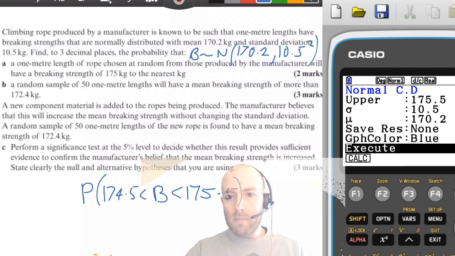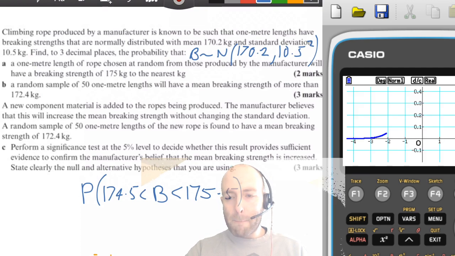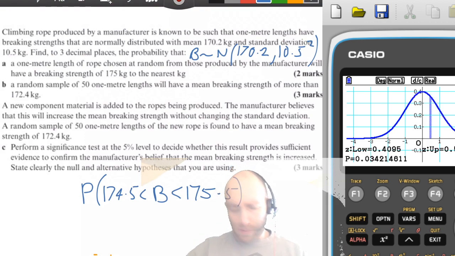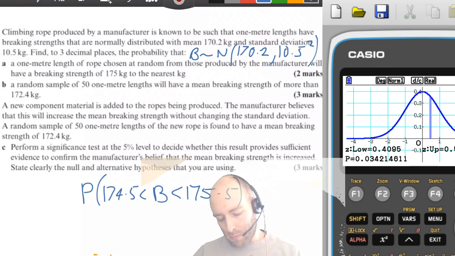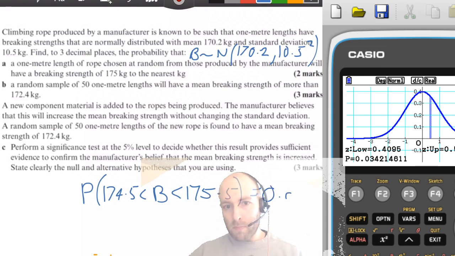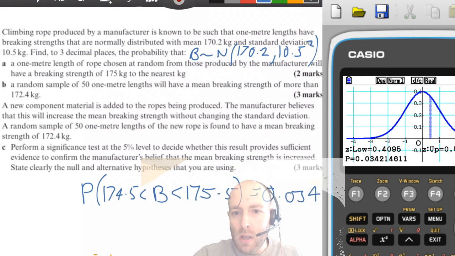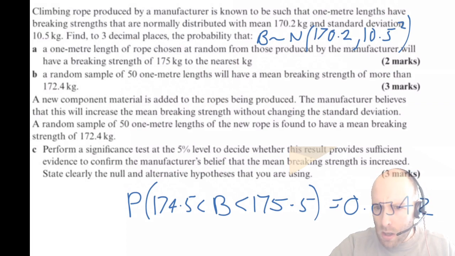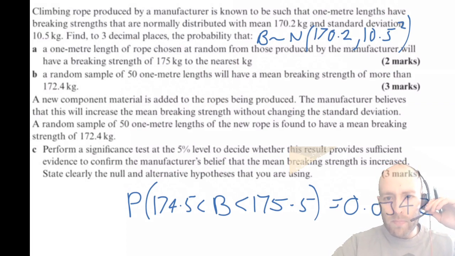Sketch it. And there we go. So 0.0342. Cool. Hopefully everyone's right with that. Cool. All right. Next bit then.